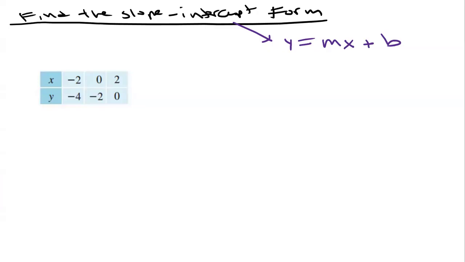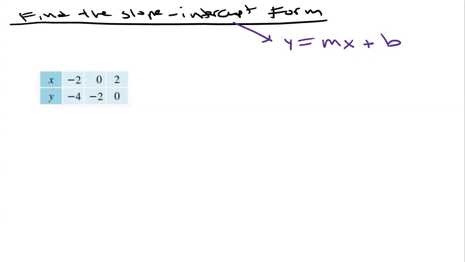So basically, see if you can try to figure this out. We have a table here. How can we create this equation based off of this table? All right, so they want us to, again, find the equation of this set of points.